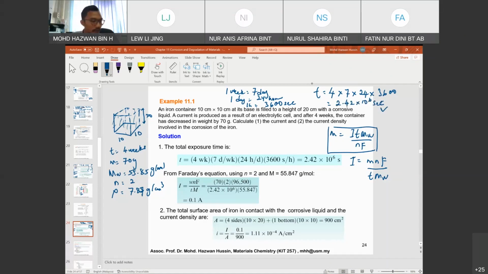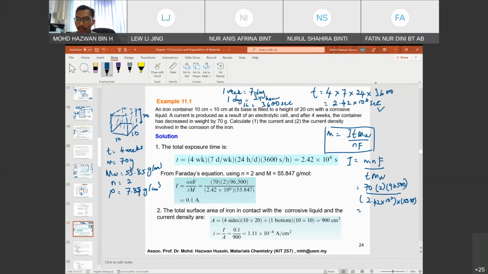This is how you convert the unit for time. Then we substitute: 70 multiplied by 2 multiplied by 96,500 over 2.42 times 10 power of 6 times 55.85. Then we will get 0.1 amperes.